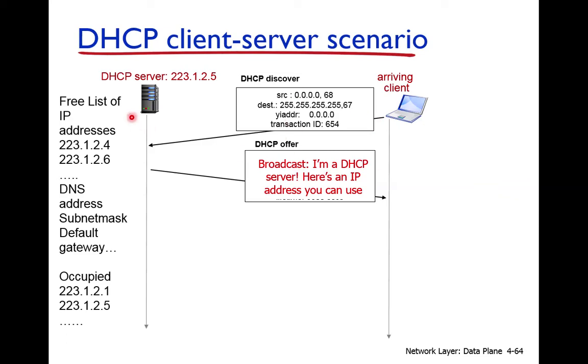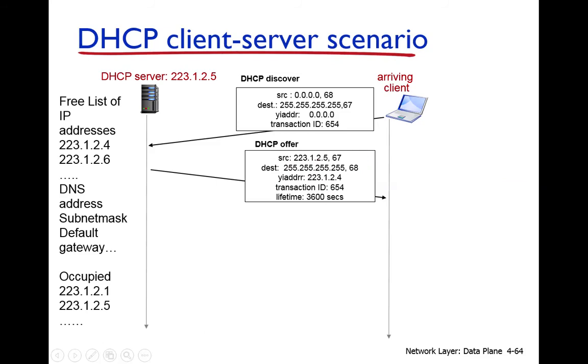This DHCP offer message means I am the DHCP server. It also says that if I want to assign you an IP address, it gets an IP address from the free list of IP addresses, and sends it, saying this will be the IP address.